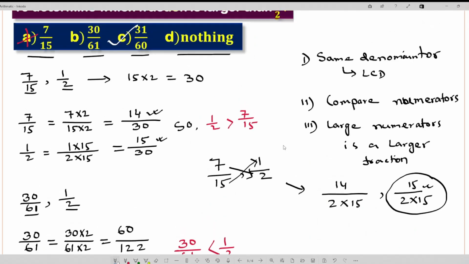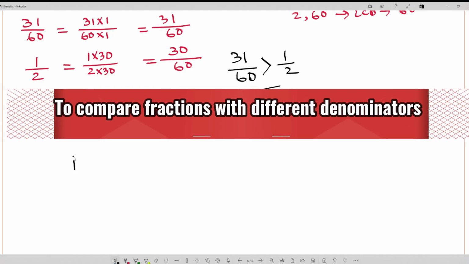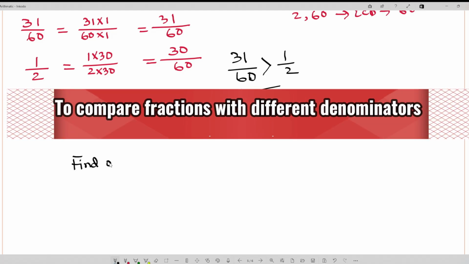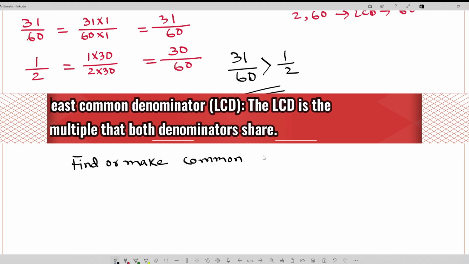So I hope you understand. The main thing is to find or make common denominators.